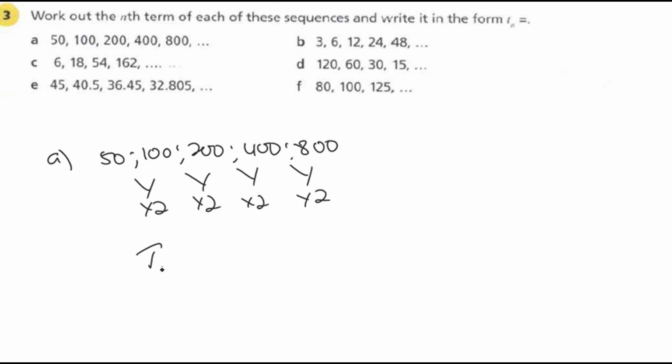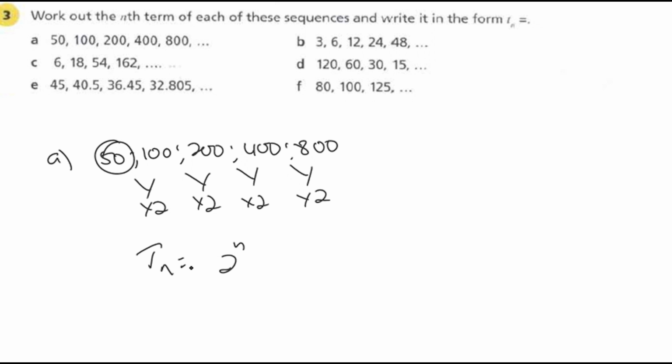So we need a general term where the multiplier is 2. So we're going to have 2 to the power of n. Now, when n equals 1, we need to have the first term being 50. So when n equals 1, 2 to the 1 is 2, and then 2 times 25 gives us 50.